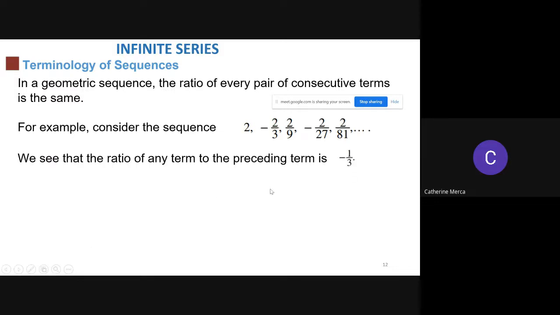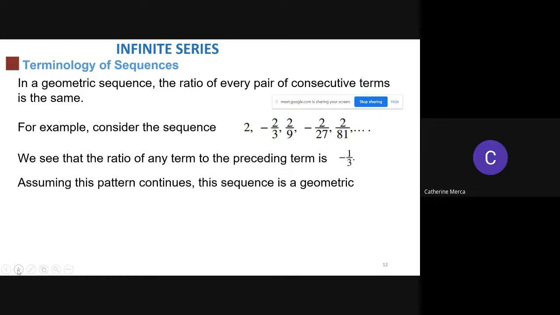So also, there is a ratio that is being multiplied to get the next term. When you multiply 2 by negative 1/3, you come up with negative 2/3. When you multiply negative 2/3 by negative 1/3, you come up with 2 over 9. And down the line. If you multiply 2 over 81 by negative 1/3, then you will get the next term also there.